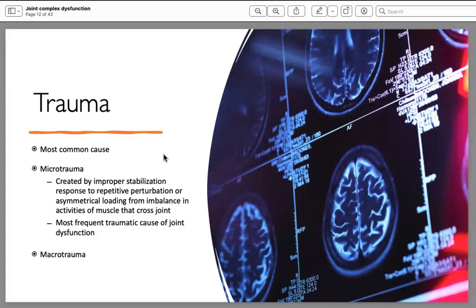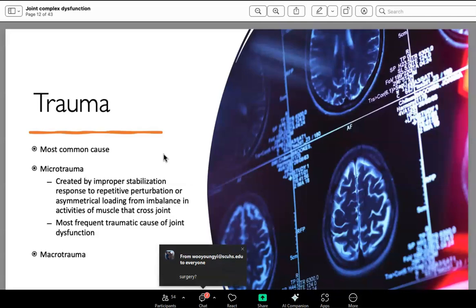So most common cause of joint dysfunction, trauma, typically micro trauma, but we can have elements of macro trauma as well, right? Sustained injuries, major impact injuries, sprains, strains, those can also play a part as well, but it's more common from that micro trauma approach.